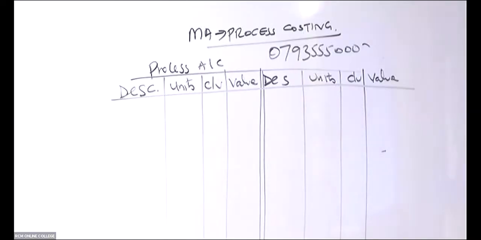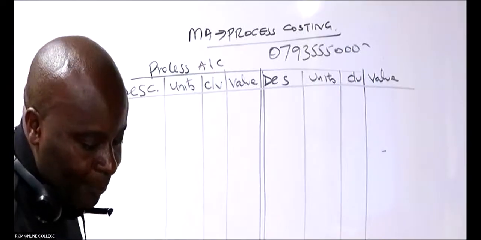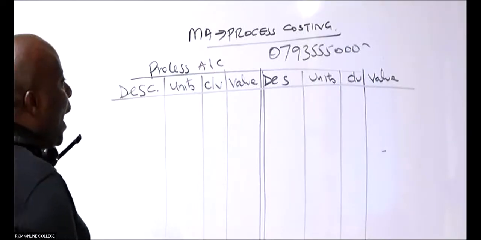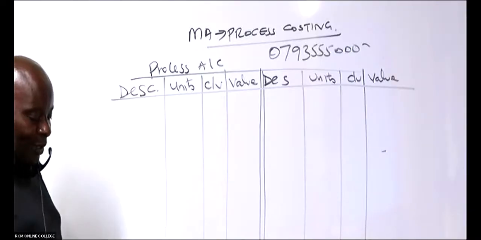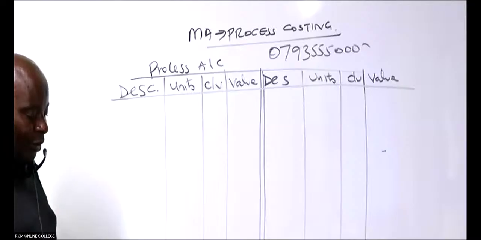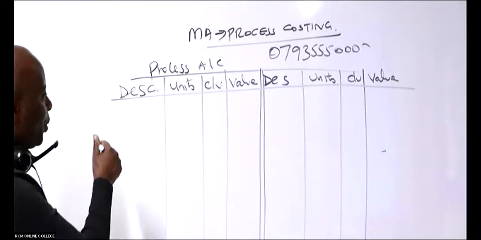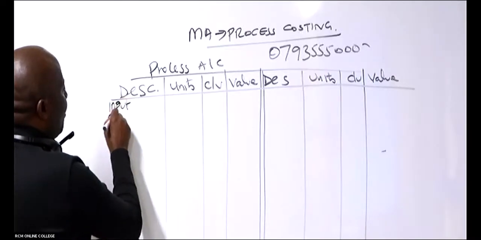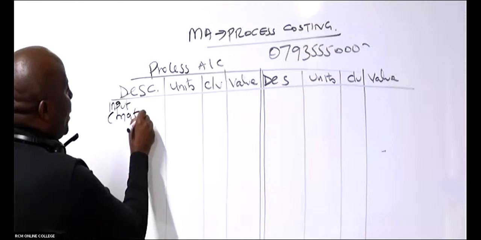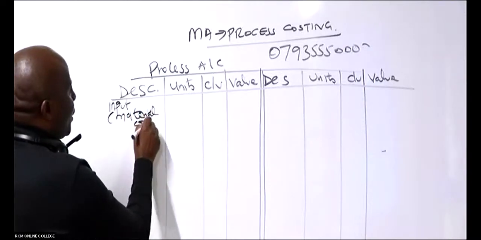So now what you're going to do, ladies and gentlemen, first of all, is to map out our throughput. Let's bring our throughput account right away here. I hope you remember the throughput. So we have here the input, which basically leads to what we call material cost.